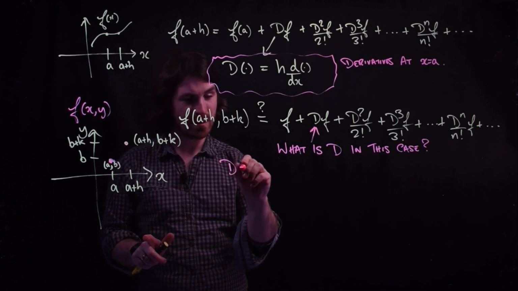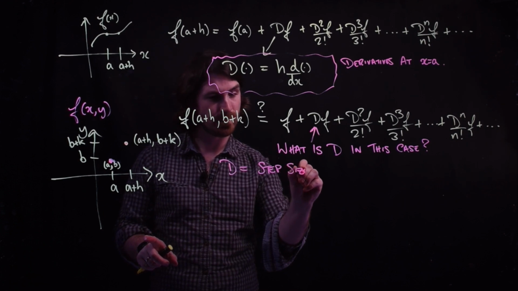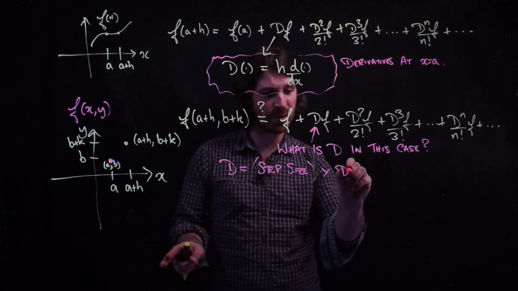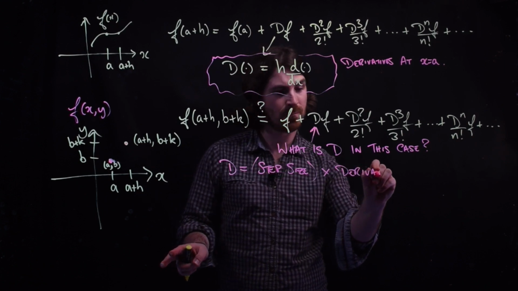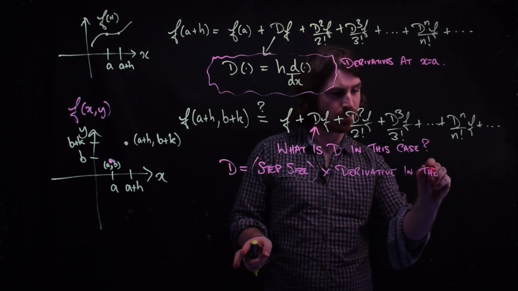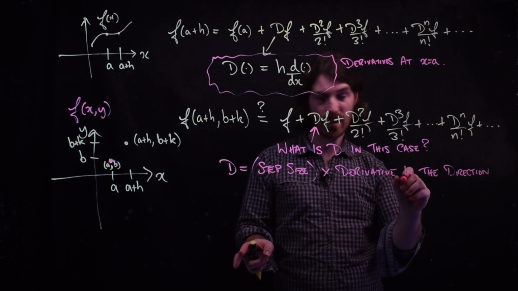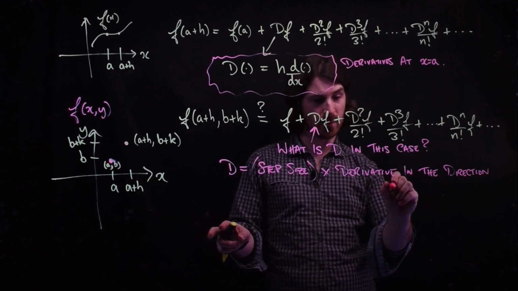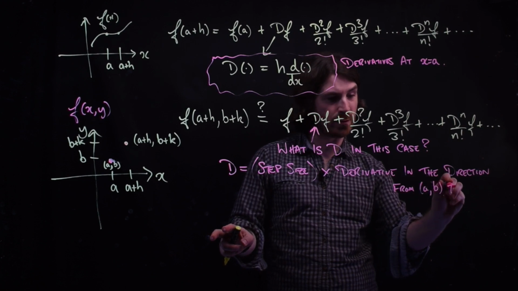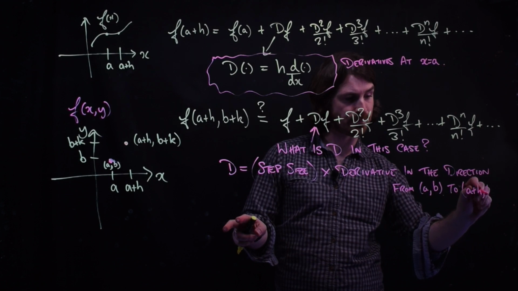Here d is equal to a step size times a derivative in the direction from a, b to a plus h, b plus k.